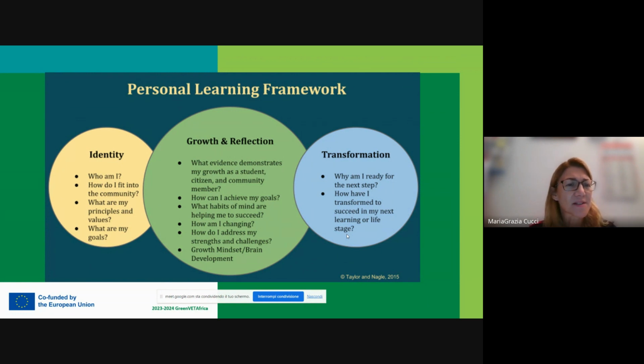What is the difference between principles and values? What are possible values and how can they define them? And what are possible goals related to working life, to personal life, to relations? This is quite a philosophical way to start from the talent.